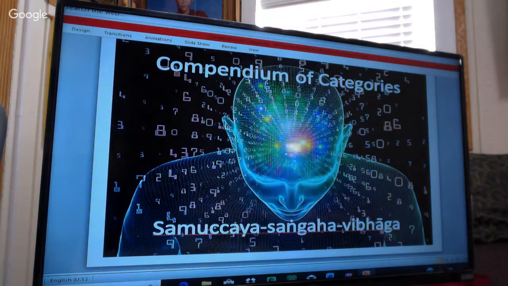We already discussed the 4 kinds of Paramattha Sacca, ultimate truth, but they have different names in different places. If you are reading the Suttas, there are many different names.